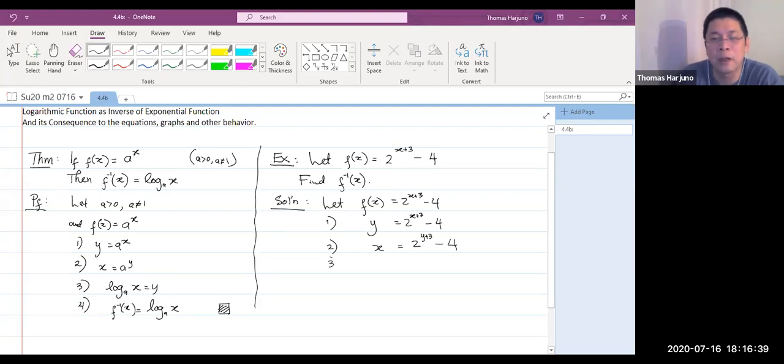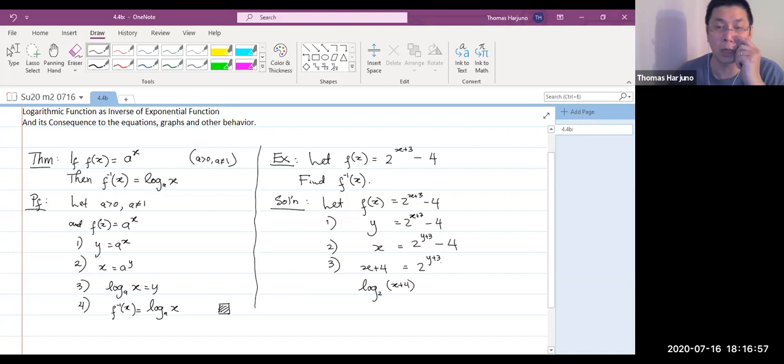Okay, and then x plus 4 equals 2 to the y plus 3. So log base 2 of (x plus 4), don't forget to use parentheses here because the log applies to x plus 4, equals y plus 3.